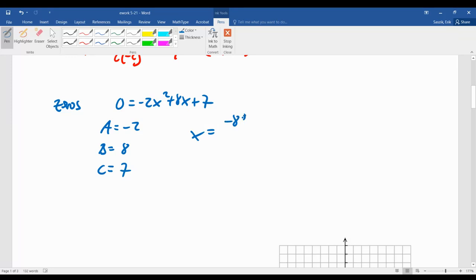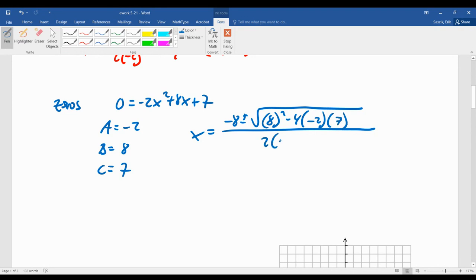So opposite b plus or minus the square root of b squared minus 4 times a times c, all over 2 times a. Now, in the square root sign, 8 squared, and then 4 times 2 times 7 would be 56.